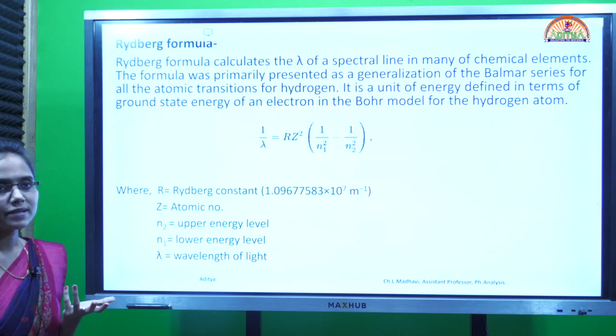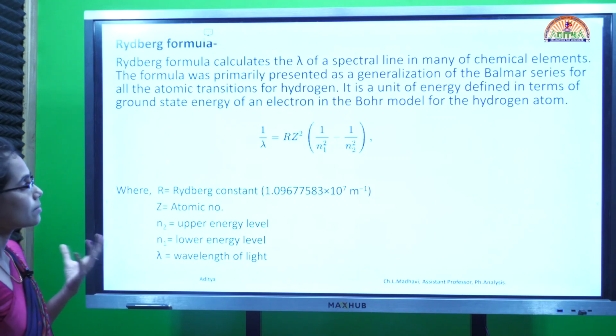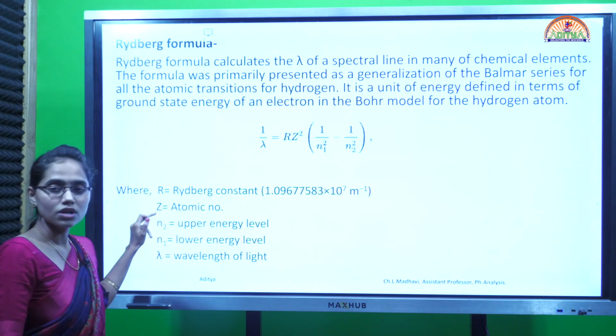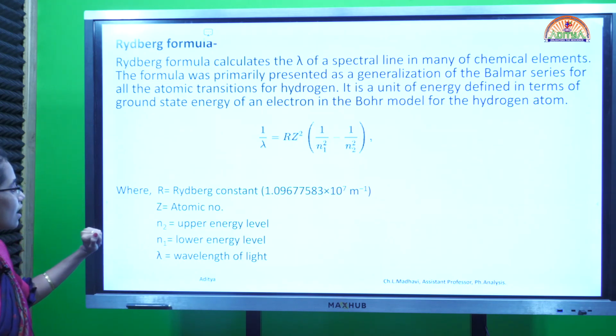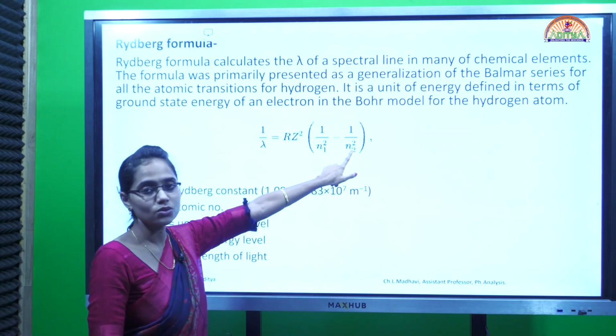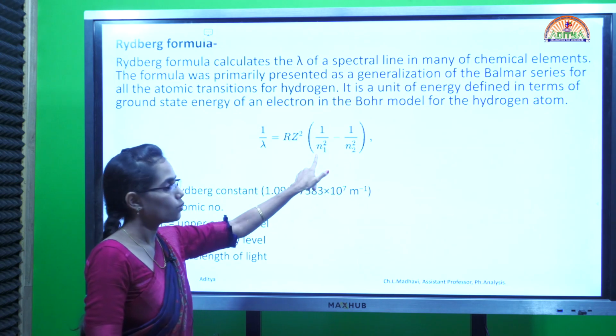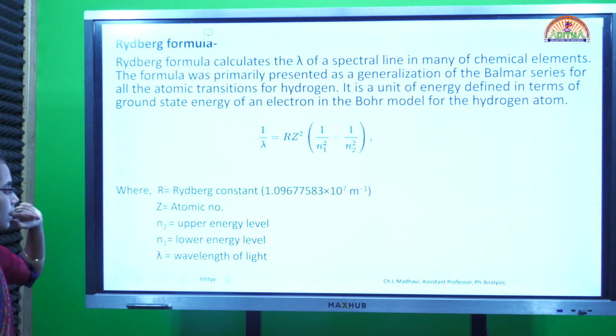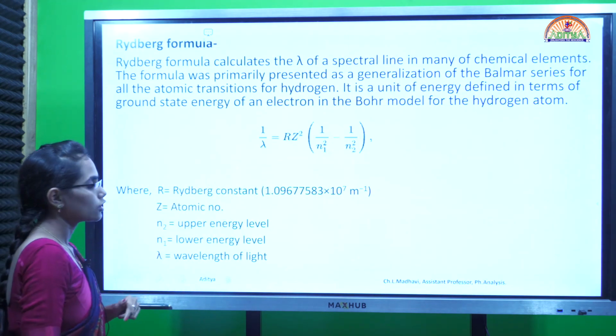Whatever chemical species we are going to study, we take that species' atomic number. N2 is the upper energy level and N1 is the lower energy level. And lambda, as we know, is the wavelength of light.